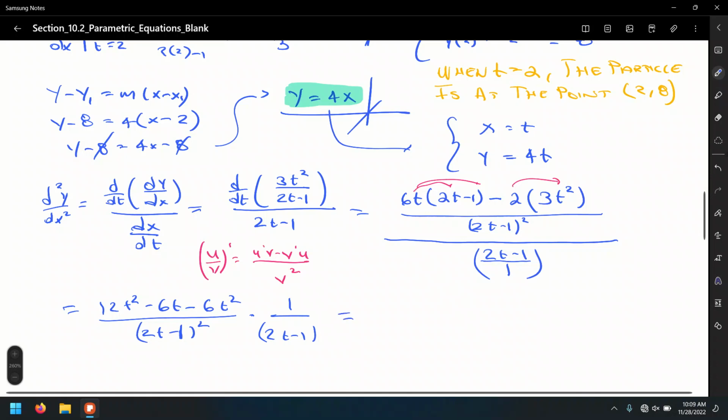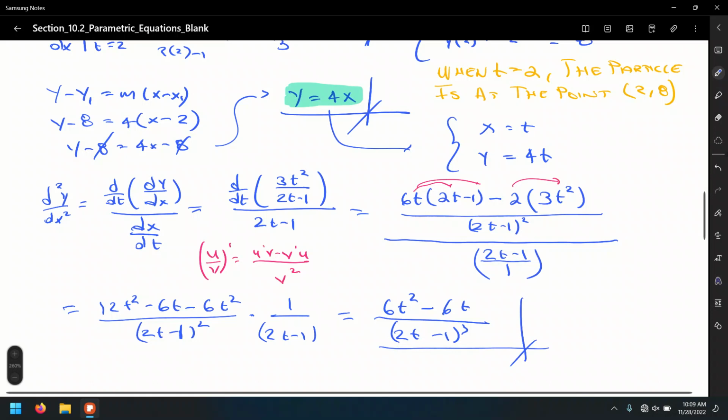So simplifying terms, that's going to give us 12t squared minus 6t squared, that's 6t squared minus 6t, and the whole thing divided by 2t minus 1 quantity cubed. And that's the most simplified version of this derivative.